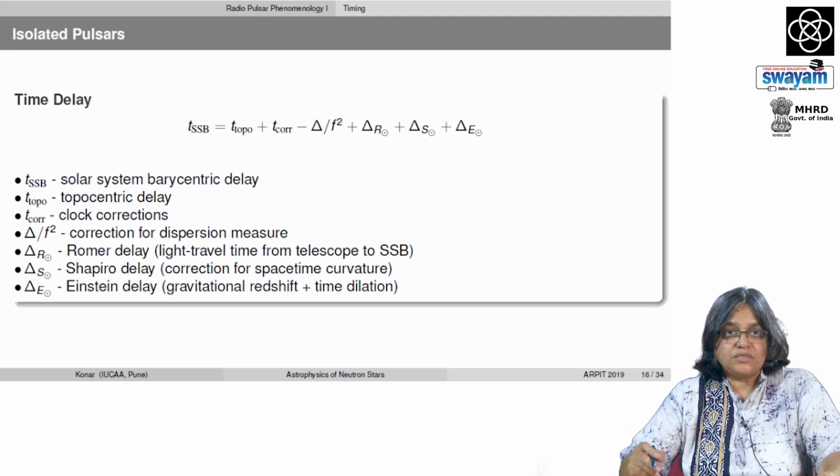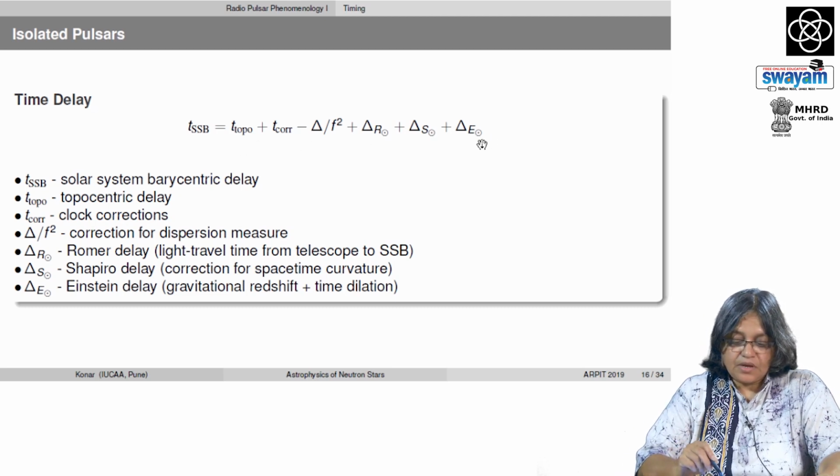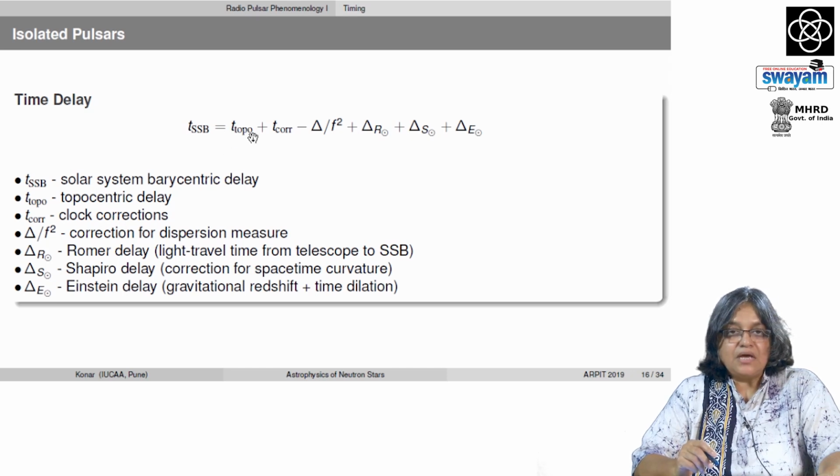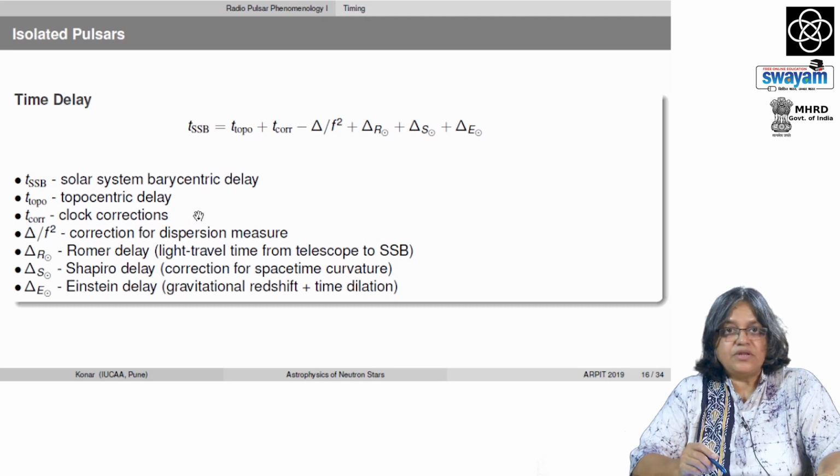For an isolated pulsar, the time delay in the solar system barycentric coordinates, that is called TSSB, is a sum of a number of quantities. The topocentric delay, the delay measured at the observatory at the local coordinates, that is what we measure, plus T corrections, various clock corrections that we have to incorporate.